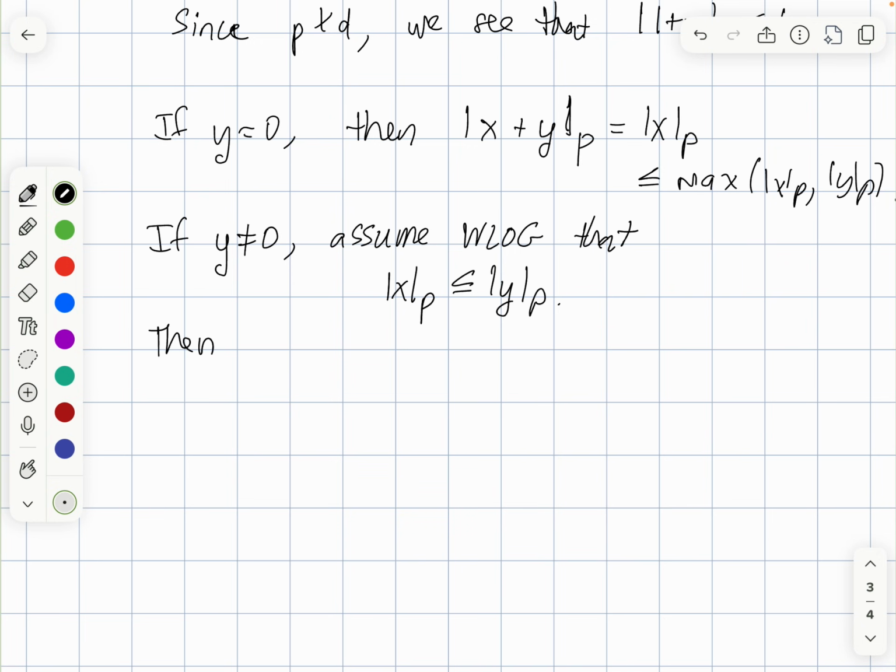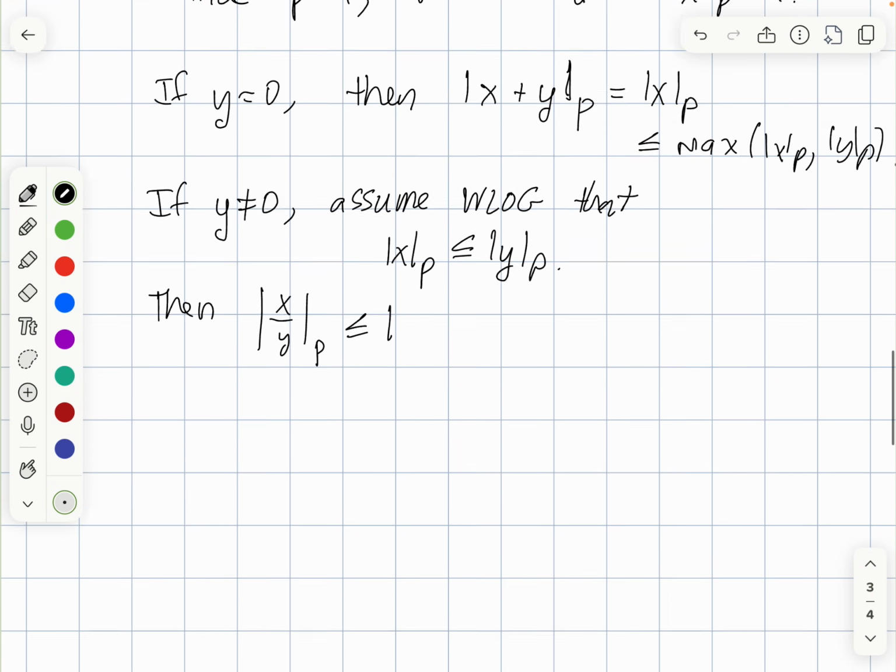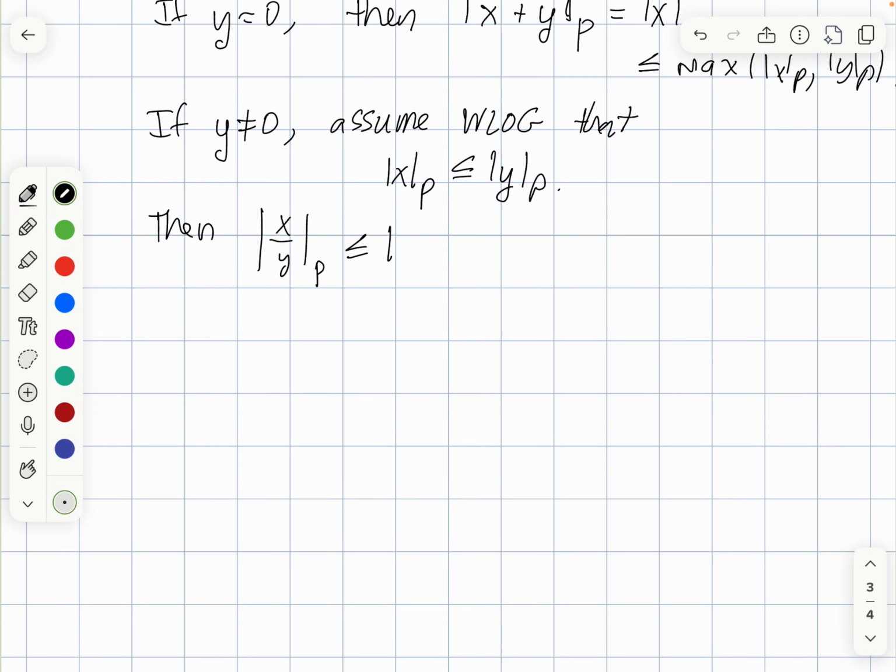Then the p-adic absolute value of x over y is less than or equal to 1. We see that just by dividing both sides by the absolute value of y and using the multiplicative property. And so, by the lemma that we proved, the p-adic absolute value of 1 plus x over y is less than or equal to 1.